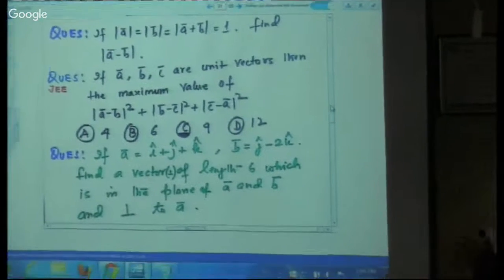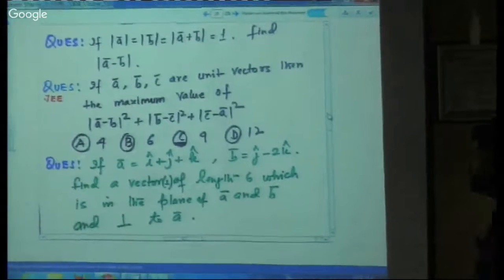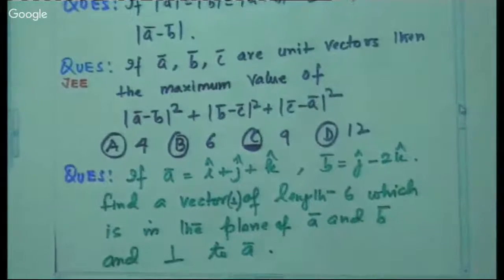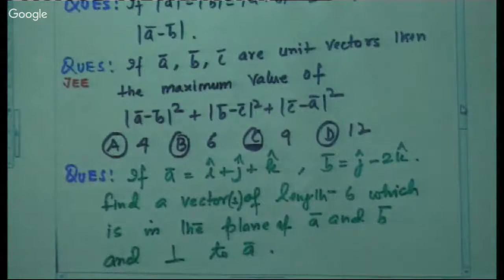If A, B, C are unit vectors, then find the maximum value of mod A minus B square plus mod B minus C square plus mod C minus A square. First, we must expand it. Please open it up and see what's turning out to be.